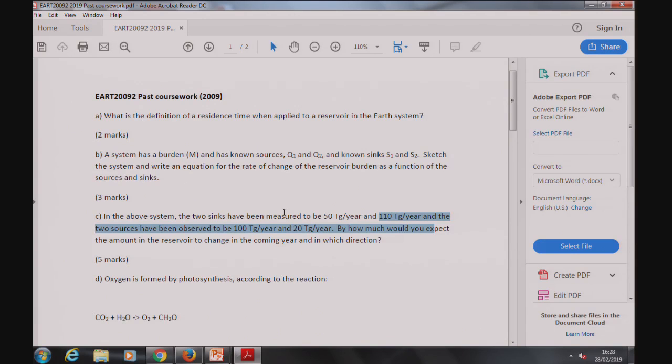120. That plus that, minus 160. 110 plus 50. So it's minus 40. Is that the answer? Yeah, 40 teragrams per year.